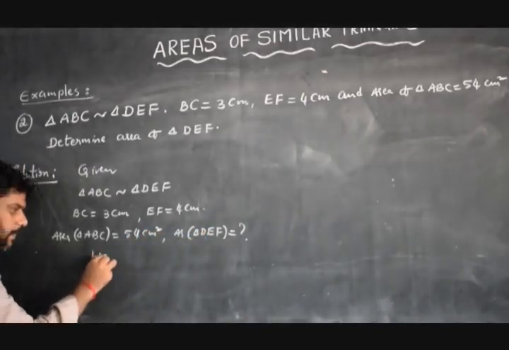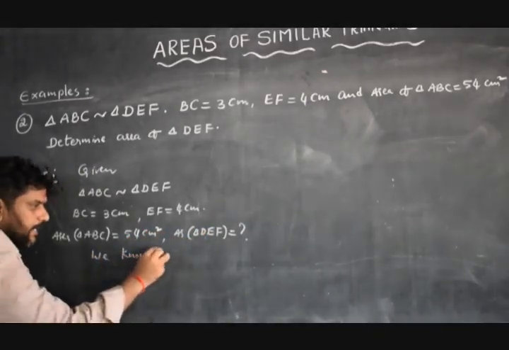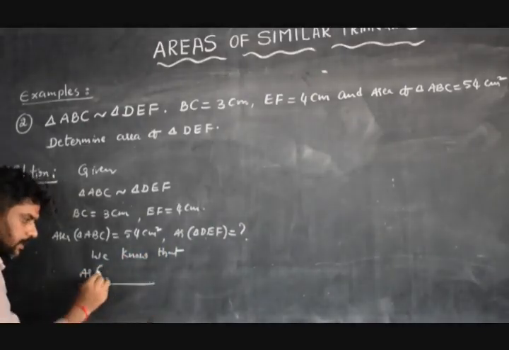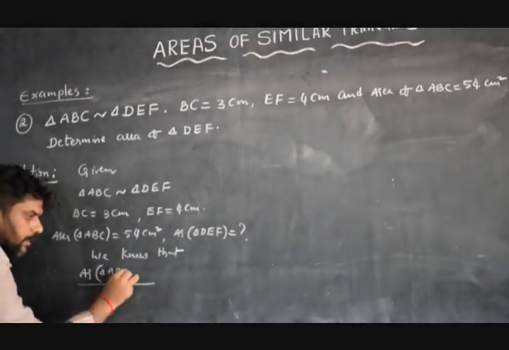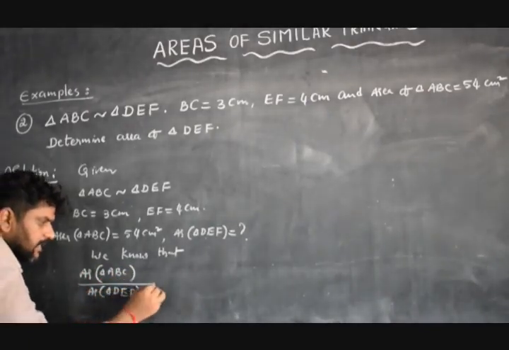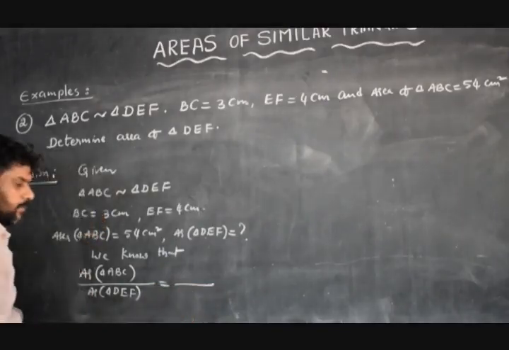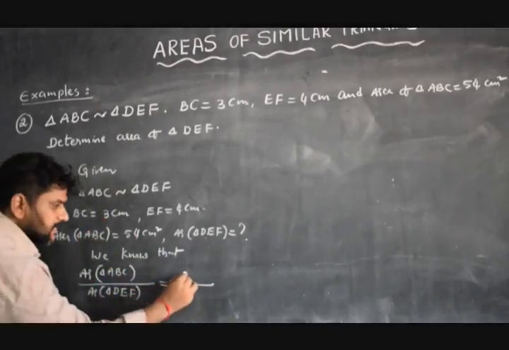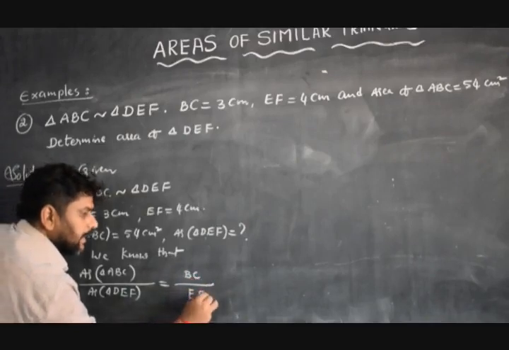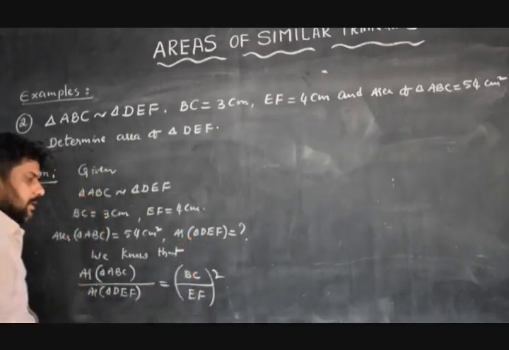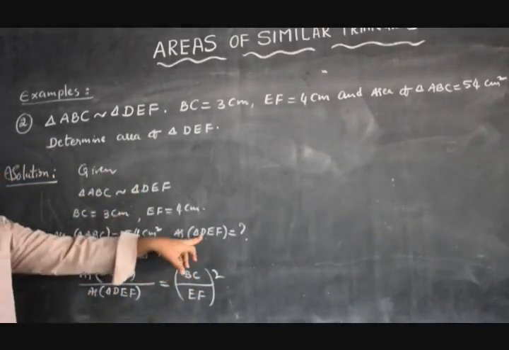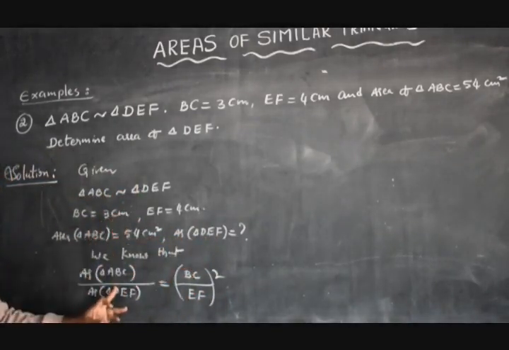Now we know that the ratio of areas of 2 similar triangles is equal to the ratio of squares of their corresponding sides. So BC by EF whole square. By using this formula, we can find the area of triangle DEF. Substitute the given values in the formula.